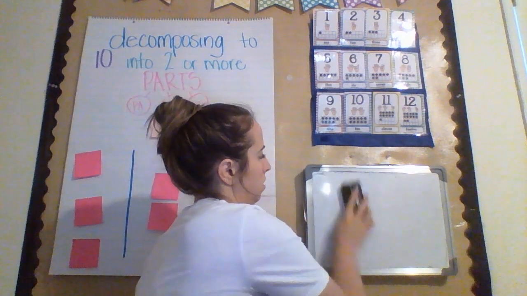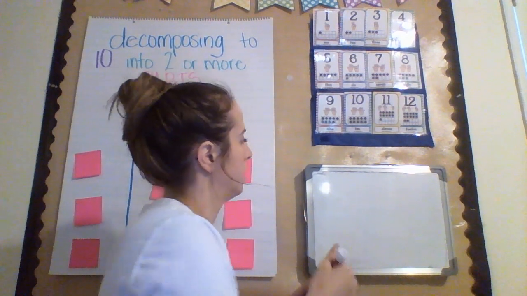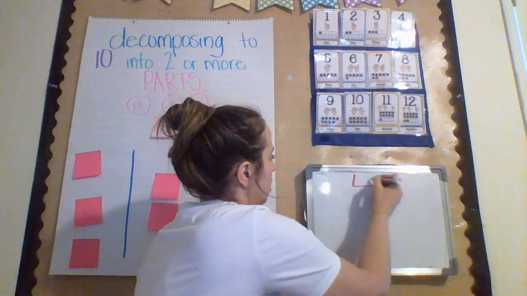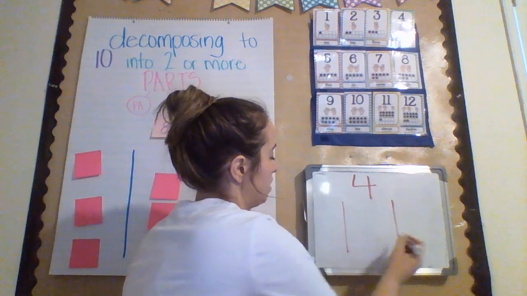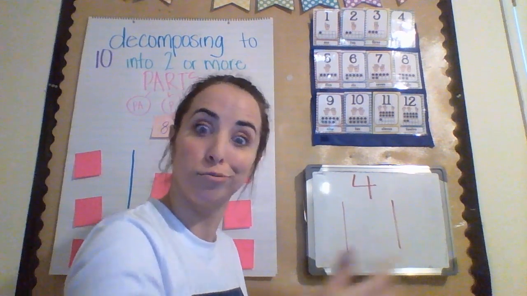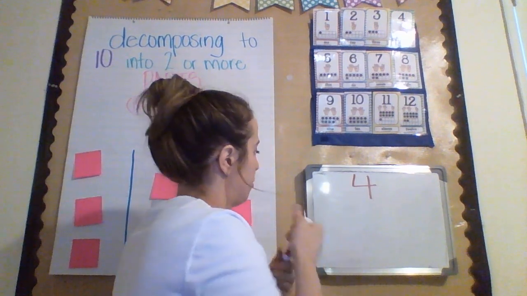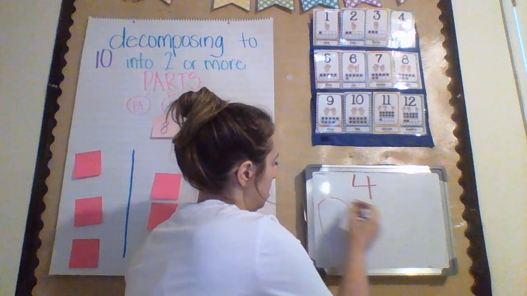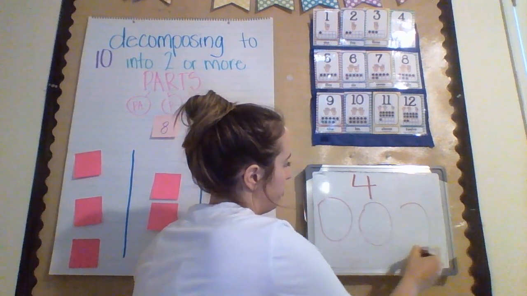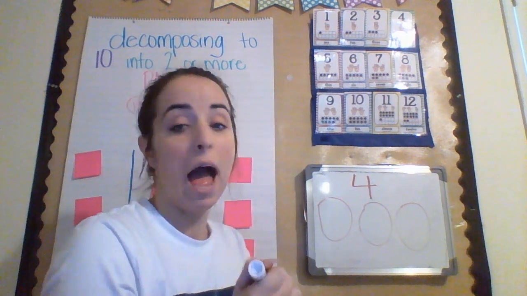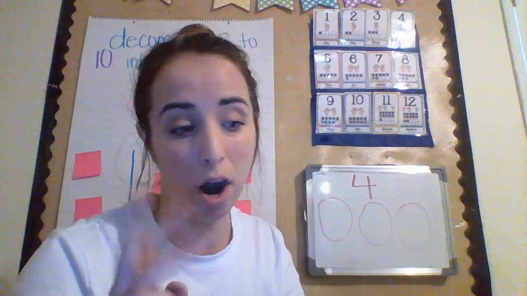Okay, so here's my number 4. Here's my 3 parts. Oh, you know what I'm going to do? I'm going to draw circles just so you see how you can do it with circles. I'm going to draw 3 big circles. 1, 2, 3. All right, so I'm going to decompose my number into 3 parts, okay?